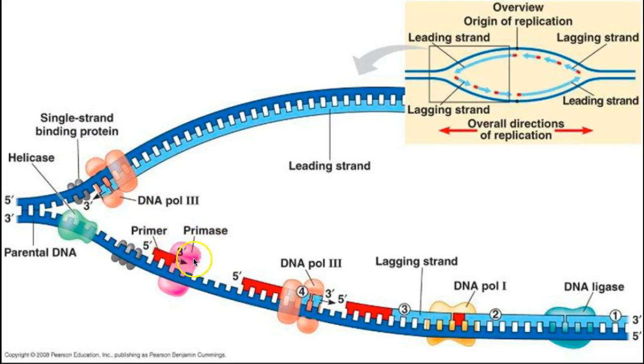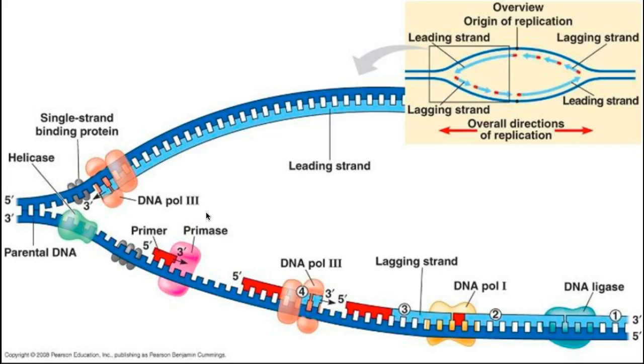So DNA primase is going to add an RNA primer onto the lagging strand. And then DNA polymerase III will find that primer, and it will begin working in the 5' to 3' direction to add new nucleotides to the lagging strand until it meets the primer of another fragment.